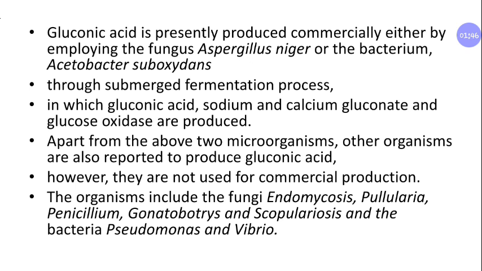Apart from these two microbes, others can also be used but not for commercial production. Such organisms are the fungi Endomycopsis, Pullularia, Penicillium, Gonatobotrys, and Scopulariopsis, and the bacteria Pseudomonas and Vibrio.